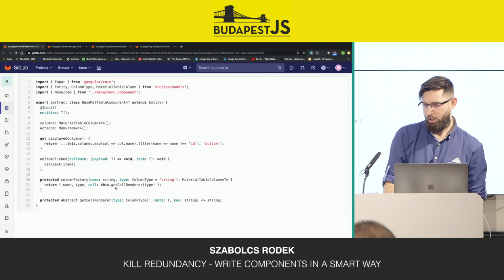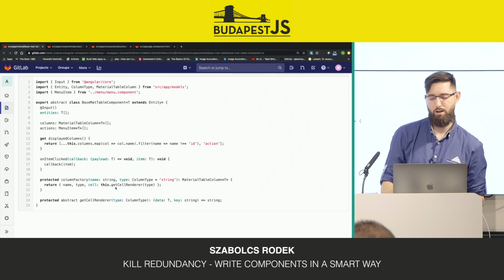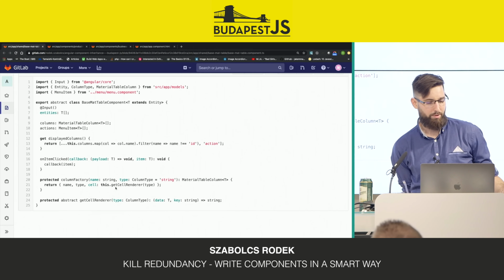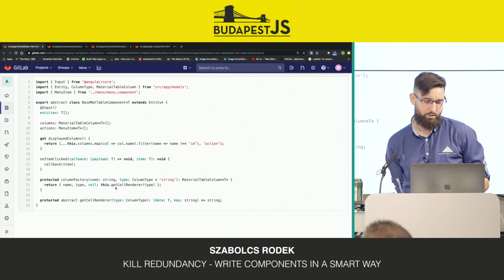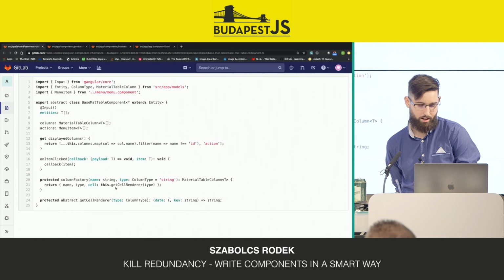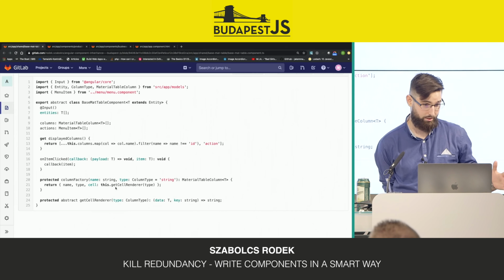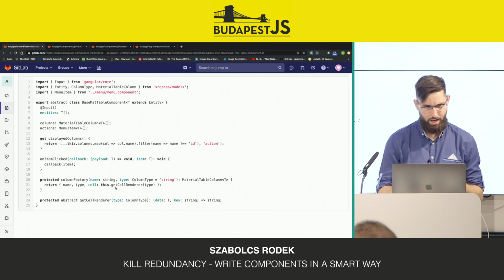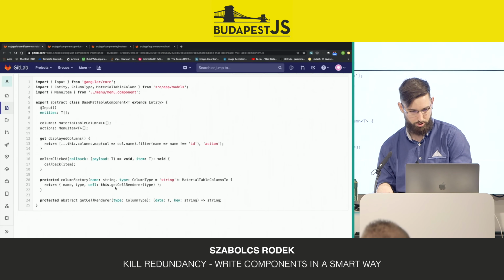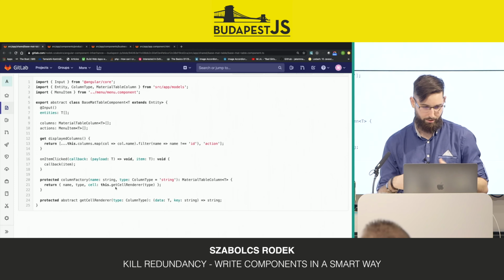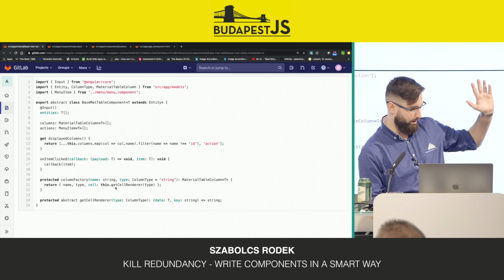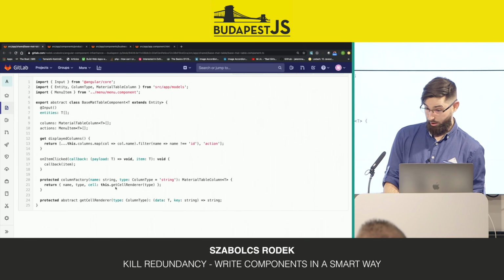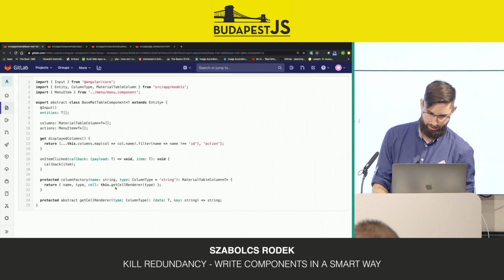Why am I telling this? Because class inheritance has, as you probably know, a couple of drawbacks. First of all, it has the problem of the fragile base class. What does it mean? Once you created a base class, which is going to be the ancestor of lots of different implementations, you are not really allowed to change anything in that base class, because if you do, you can break your whole application, or you can cause a pretty big amount of refactoring work, rewriting the implementations, the child classes.